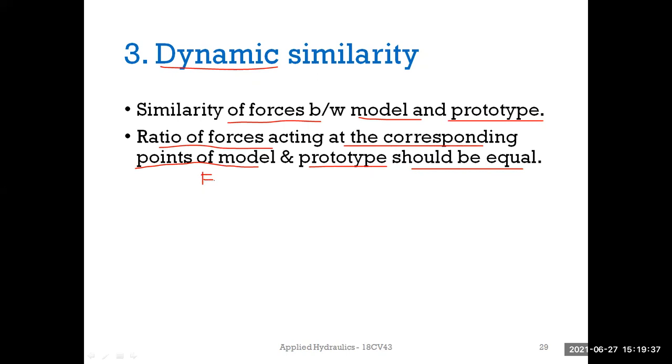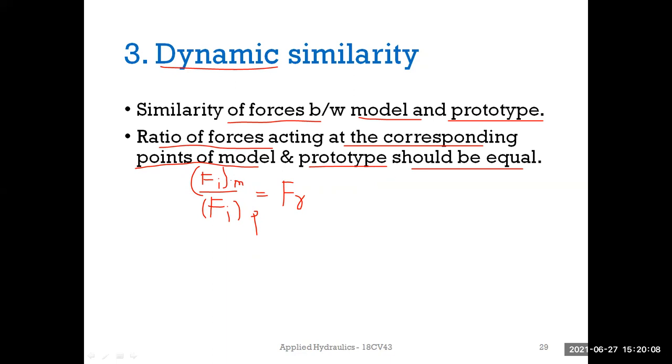If we take the inertia force, which is denoted as Fi, the ratio of inertia force of the model to the inertia force of the prototype should be equal. That is denoted as Fr, the force scale ratio. That is the dynamic similarity, the ratios of forces acting on the corresponding points.